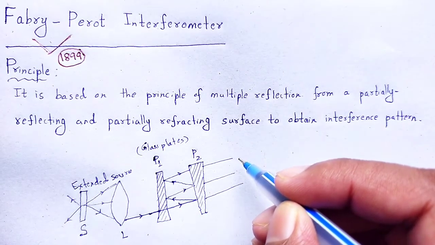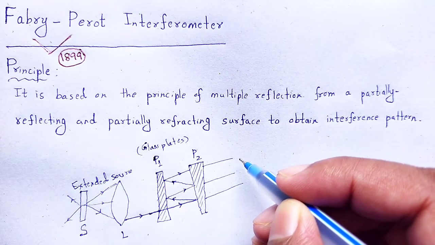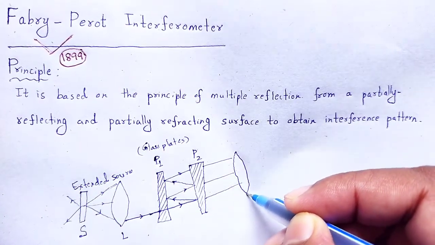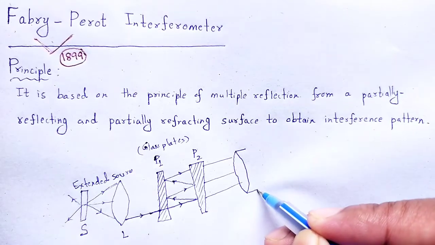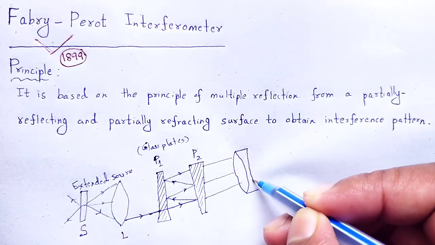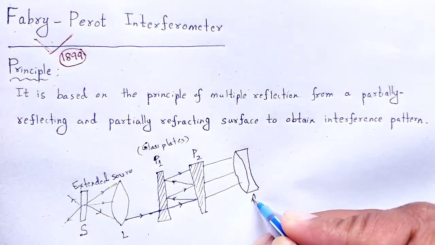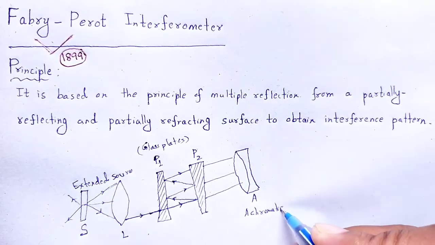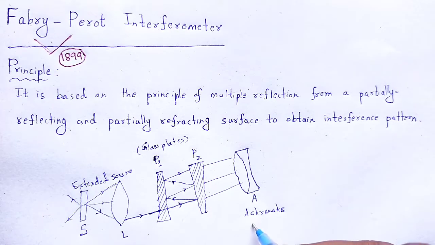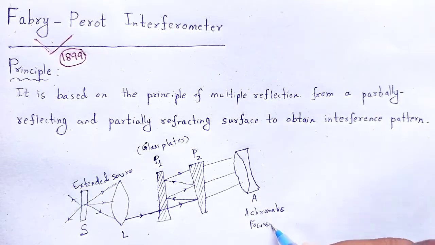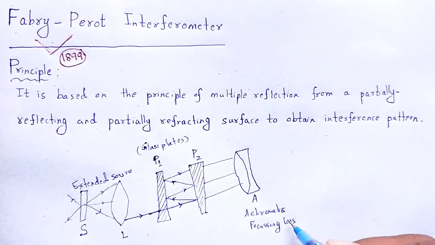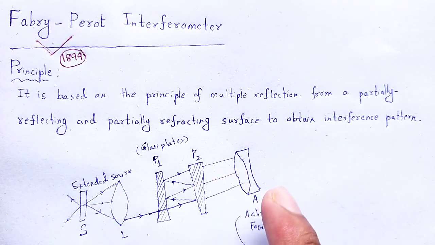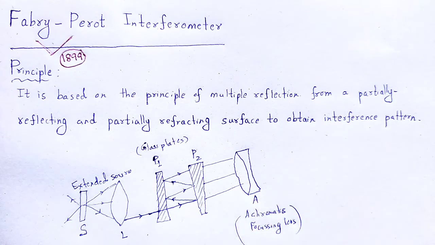Here we use an achromatic focusing lens that is used to focus the rays so as to avoid the chromatic aberration.